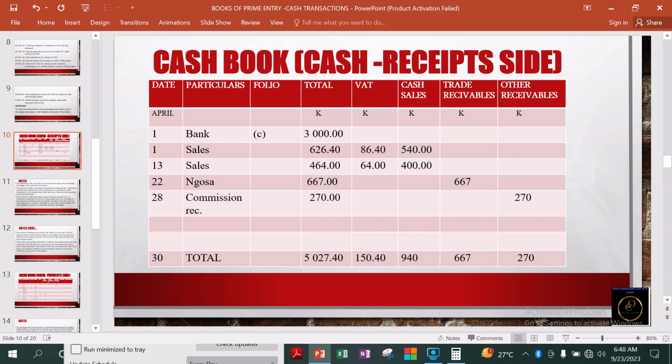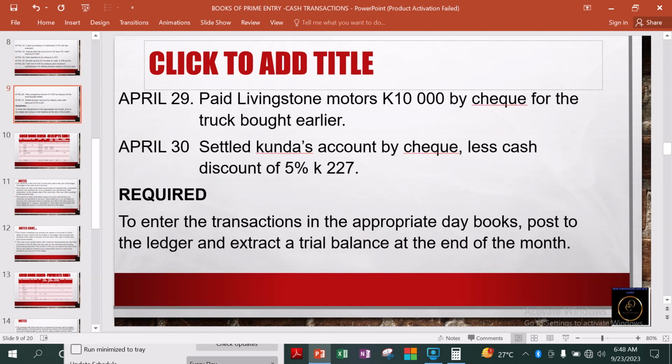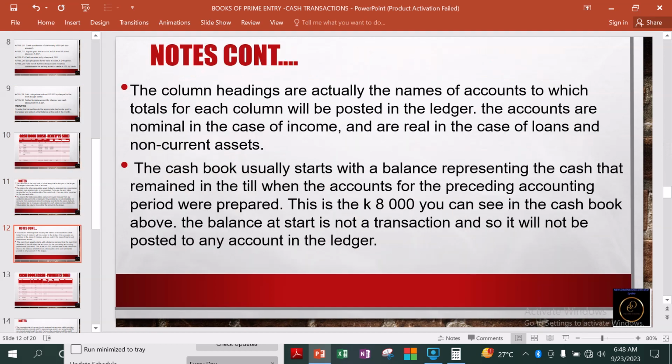Okay, so we move back to look at the next transaction. We have paid salaries by check 300. Okay, so the cash book bank payment side is giving out 300. So we expect this one to be captured on the cash book bank payment side.